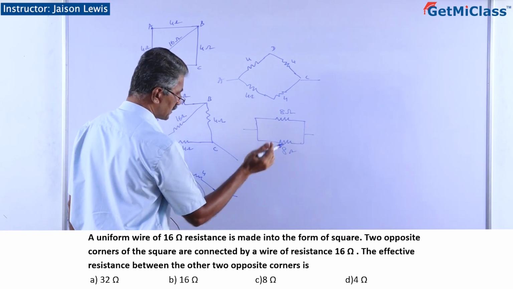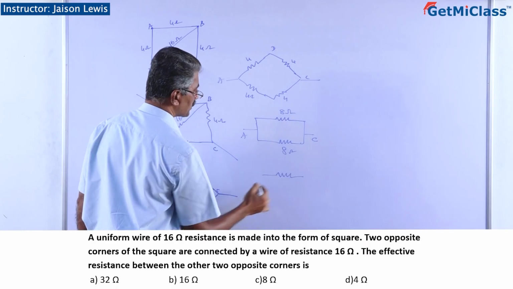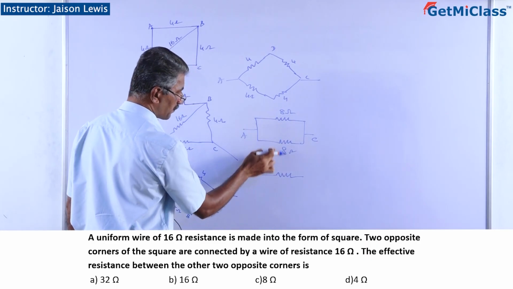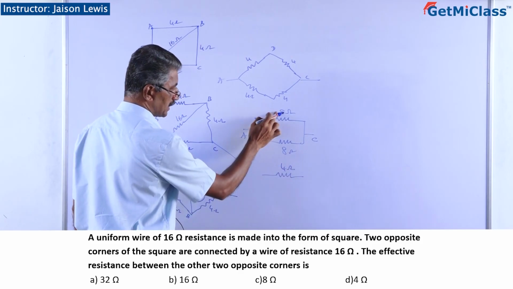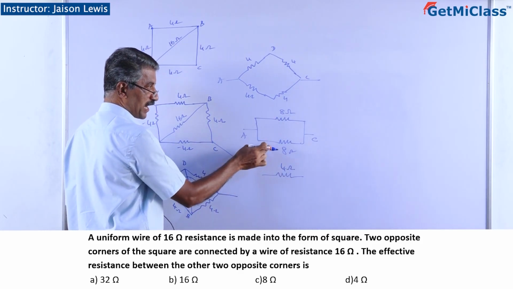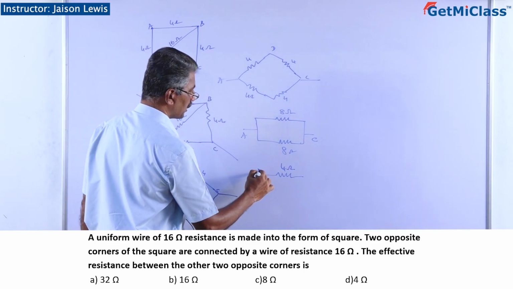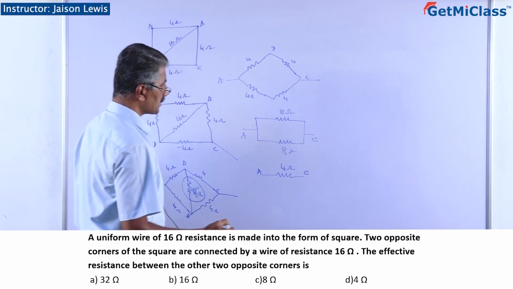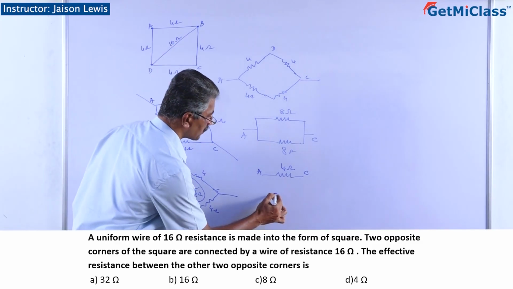Now these two are in parallel between A and C, 8 and 8 in parallel, so the effective is 8 into 8 divided by 8 plus 8, 64 divided by 16, which is 4 ohm. Therefore the effective resistance between A and C opposite corners is 4 ohm, and that is given as option D.